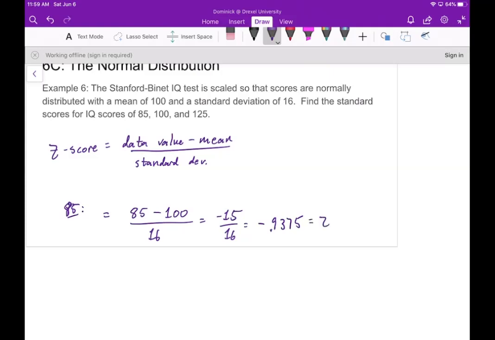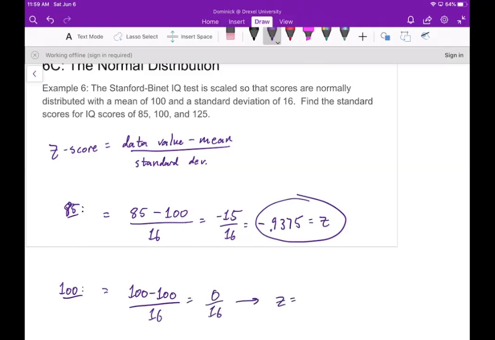So that's my z-score for 85. Now for 100, there's nothing to calculate. But even if you don't believe me, if you plug it into the formula, it's 100 minus 100 over 16, which is 0 over 16, which is z equals 0, right? Which makes sense because if you're at the mean, you're 0 deviations from the mean.